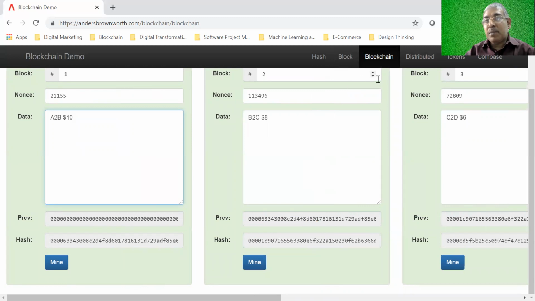We will now discuss the concept of distributed. In the distributed concept, we are going to have the same set of blocks in multiple nodes, and this will make changing any value in a block more difficult. We'll look at the distributed nature of the blockchain in the subsequent session.